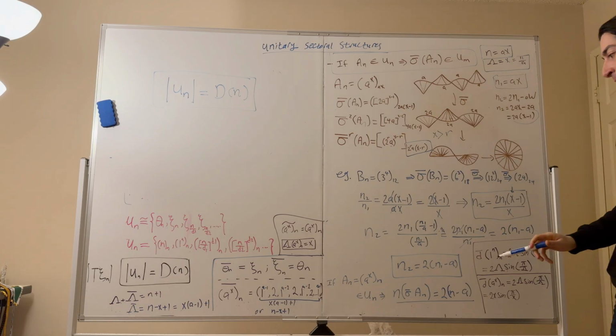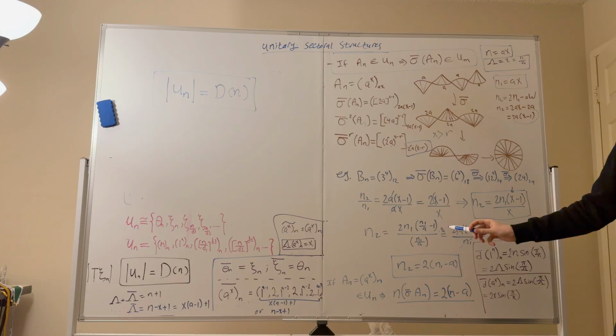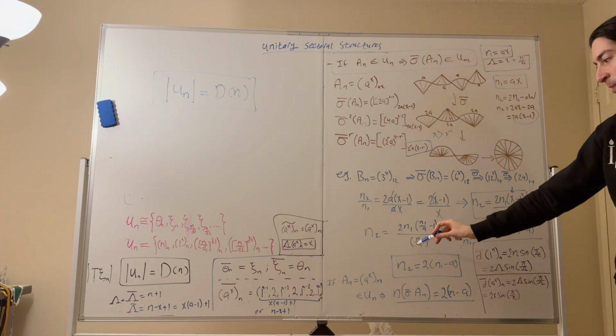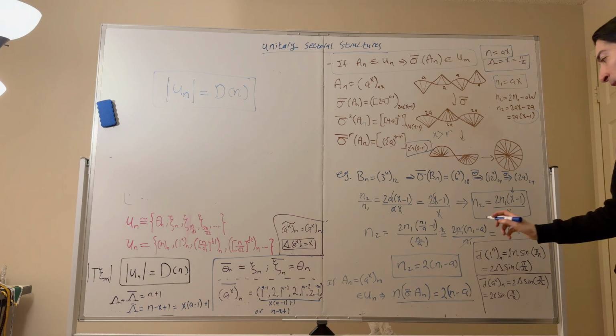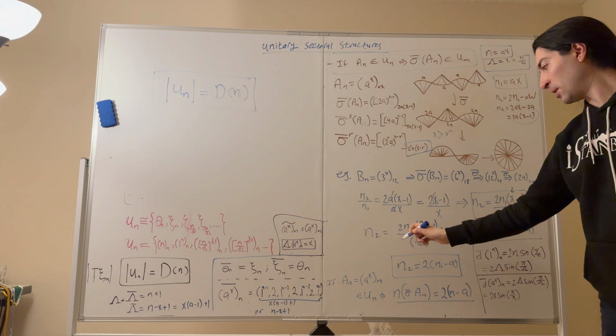We also can replace x with n1 divided by a, because remember, n1 is equal to a times x. So let's do that. We get n2 is equal to 2n1 times n1 over a minus 1, divided by n1 over a. We can simplify this expression, and we basically cancel the n1 here and here.